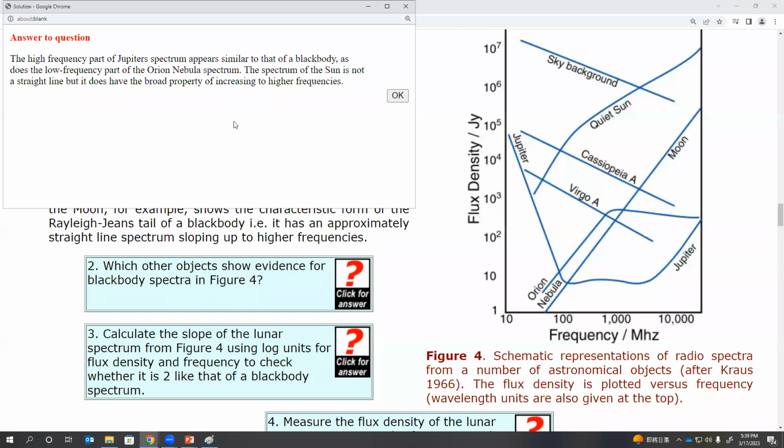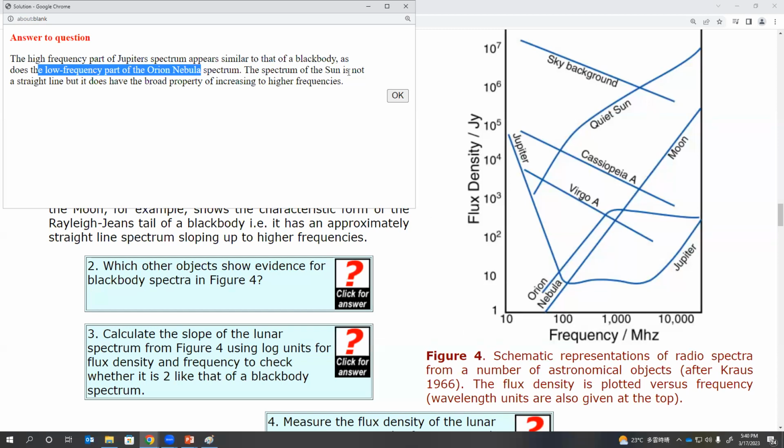And this is what I mentioned before. The higher frequency part of the Jupiter spectrum appears similar to that of a blackbody, as does the lower frequency part of the Orion Nebula. So if you use a lower frequency detector to detect the Orion Nebula, they also got this result.